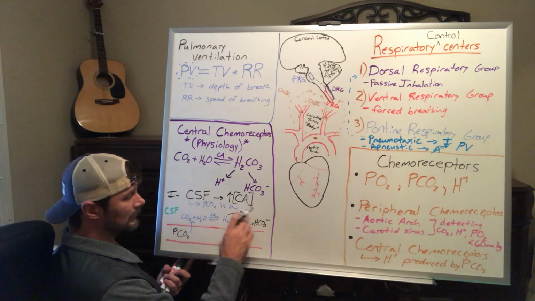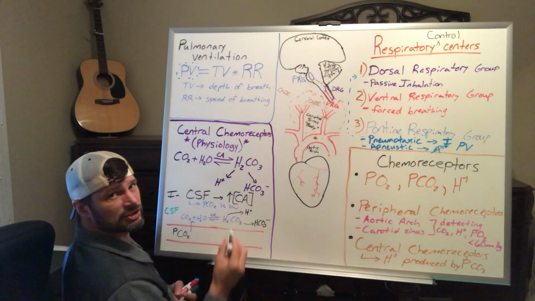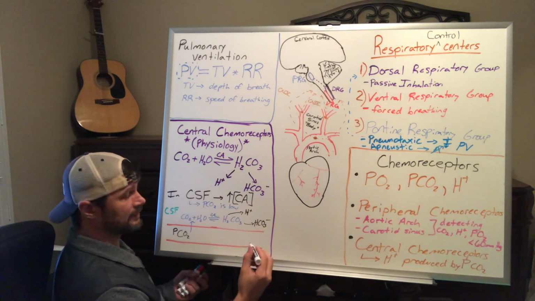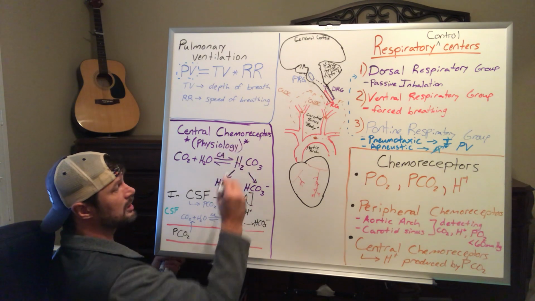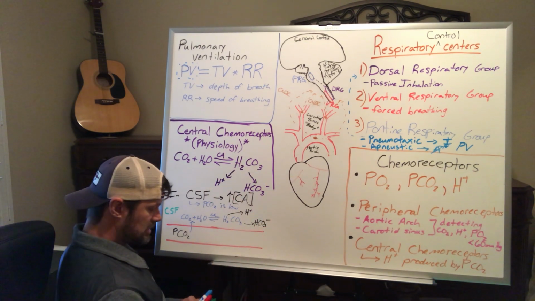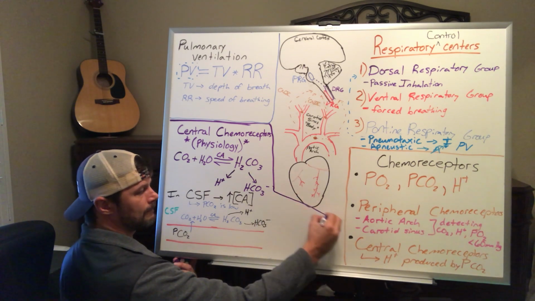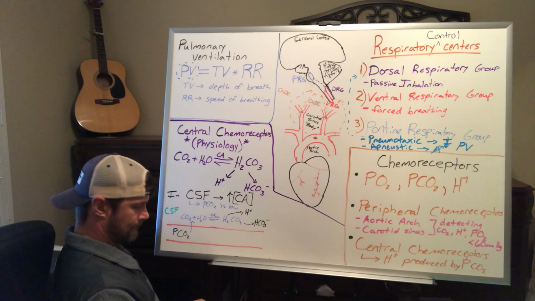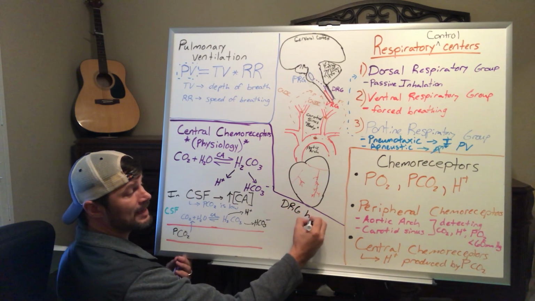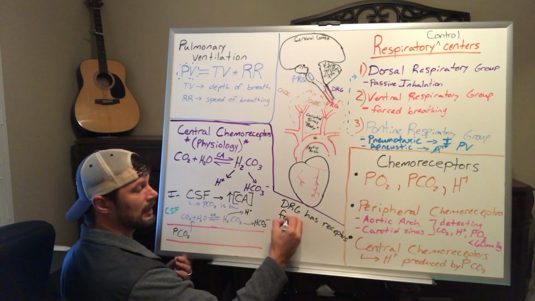Now, as the CSF flows by the DRG, the DRG has hydrogen receptors. So the central chemoreceptors, what that tells us is that the DRG has receptors for hydrogen.